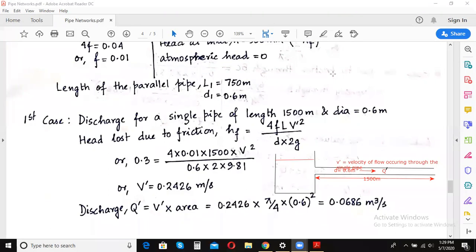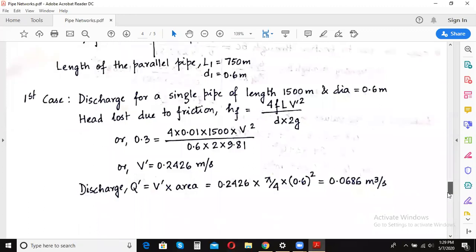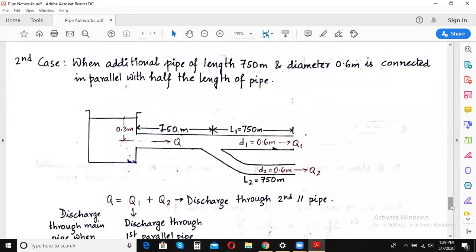So let's move on to that portion. I am going to clear the drawing. Now, for the second case, we are considering this arrangement where a parallel pipe has been connected to the original pipe. I've already discussed how the length is getting divided.